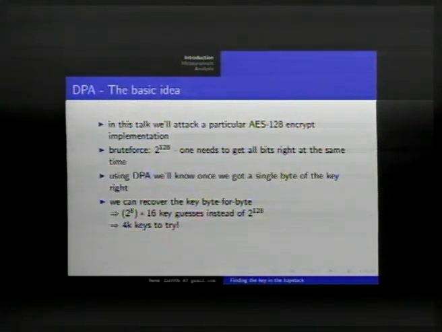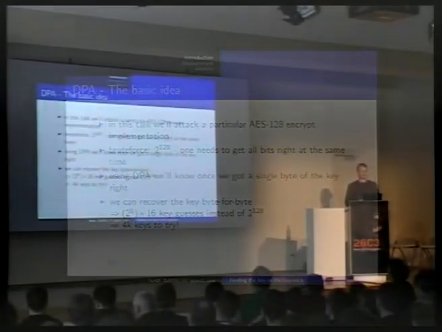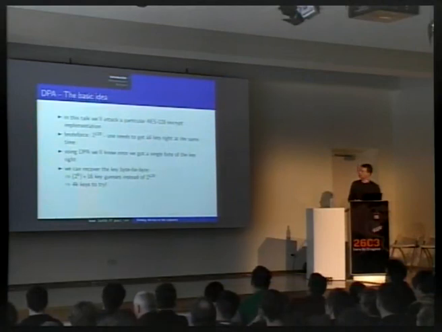We don't have to guess all bits of the key correctly at the same time, but we can do portions of the key. We can go for each byte. And so we can recover the key byte for byte, and this leaves us with about 4,000 keys we have to try.